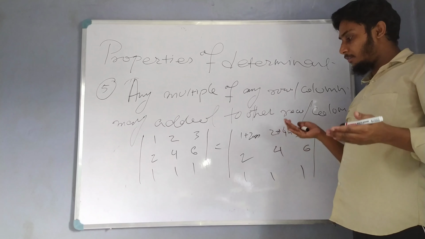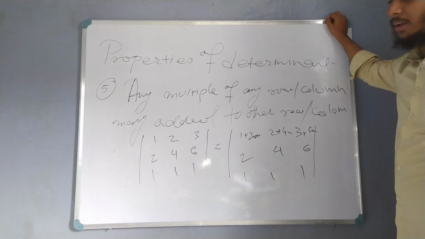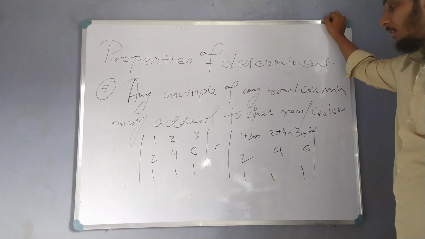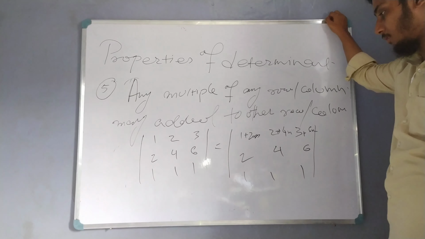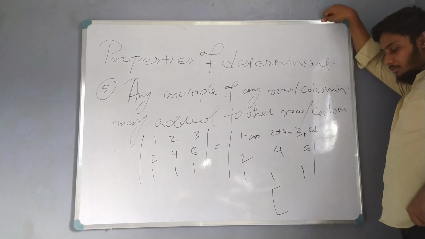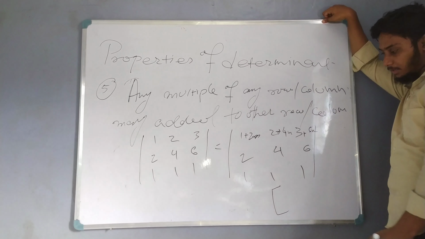So what we have done here, we have taken the second row, multiplied it with some number m, and added it to the first row. Similarly, we can subtract it from the first row, but we will have to write the operation. Whenever we do some operation, we have to mention what we have done.